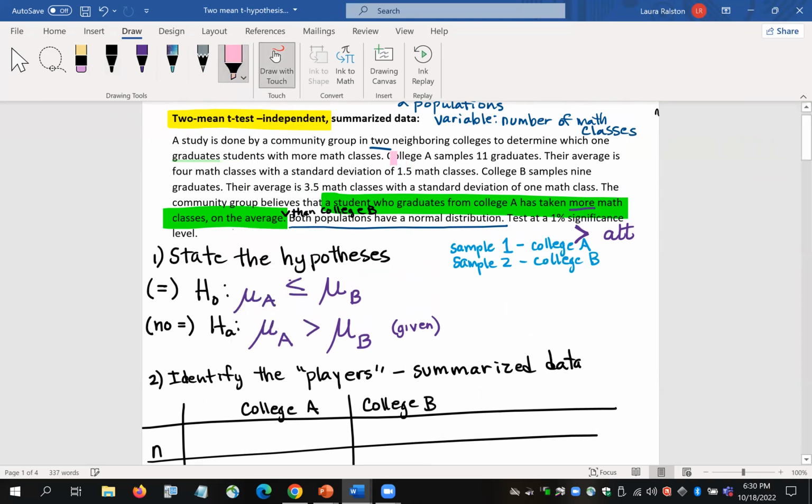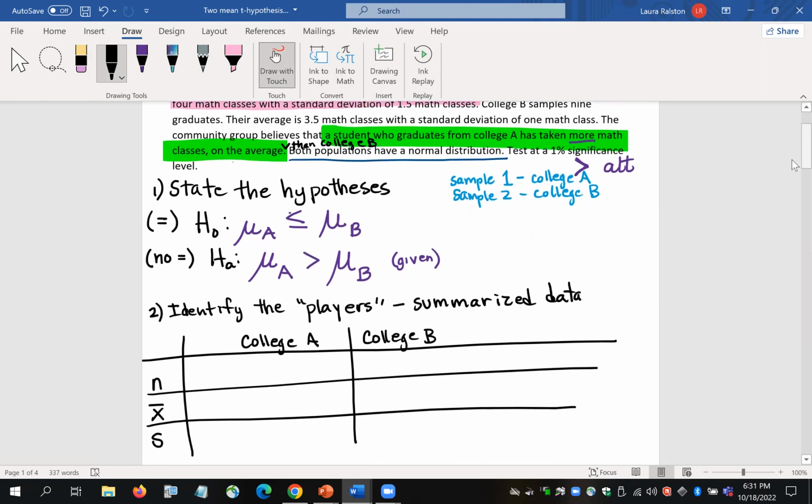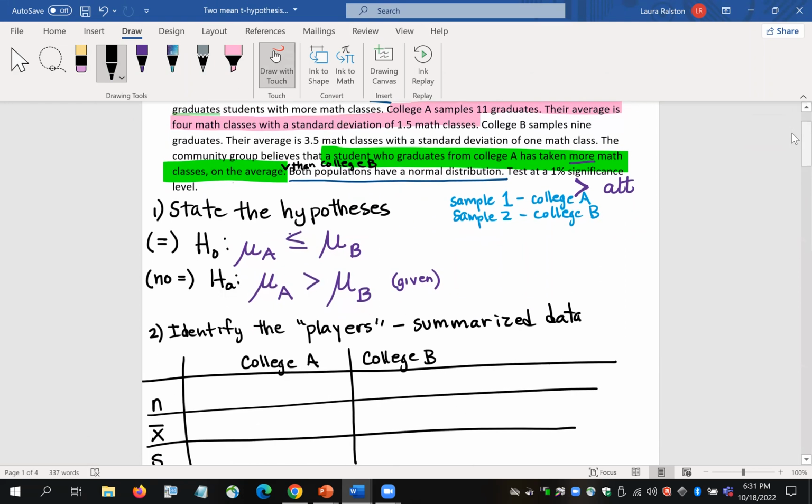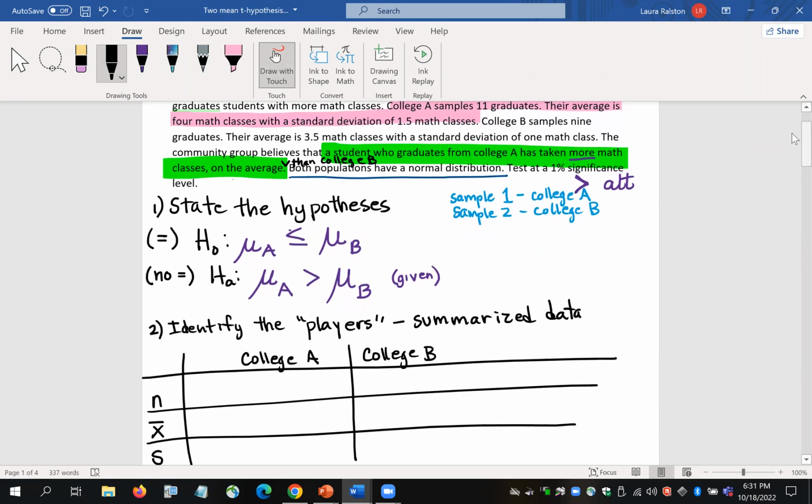okay, it says college A samples 11 graduates. Their average is 4 math classes with a standard deviation of 1.5. So I can write all of that information down. It says they sampled 11 graduates, got a mean of 4, and a standard deviation of 1.5.